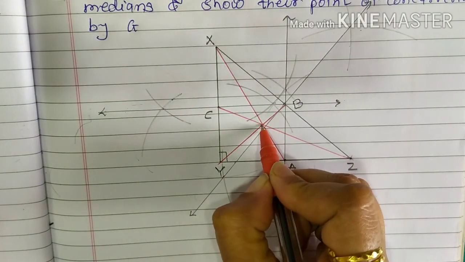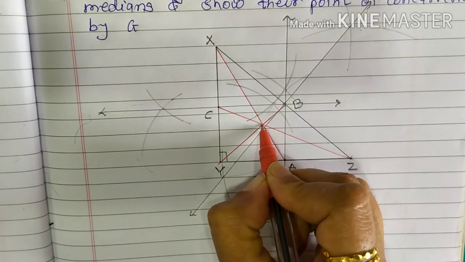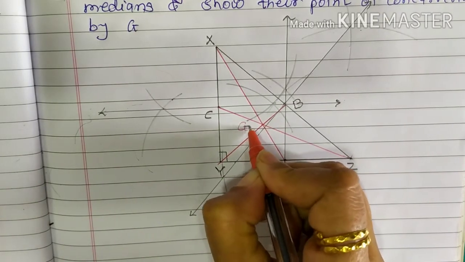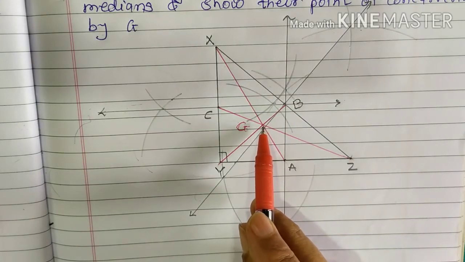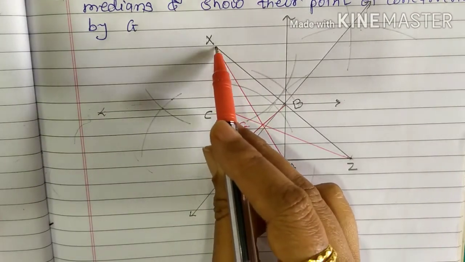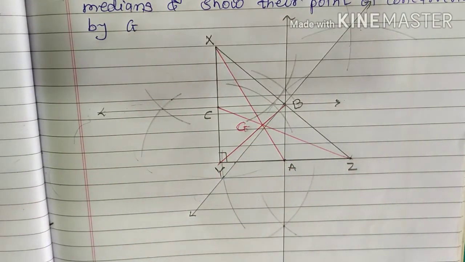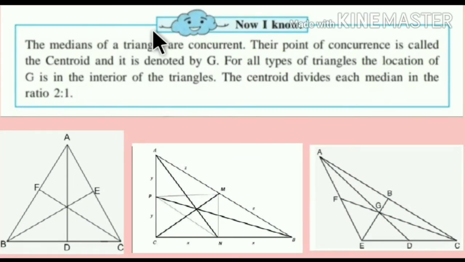Here we are getting the point of concurrence and that point is named G. So this is the centroid or the point of concurrence of the right angle triangle XYZ. By all the constructions of the medians, the acute angle triangle has three medians, the right angle triangle also has three medians, and the obtuse angle triangle has three medians.